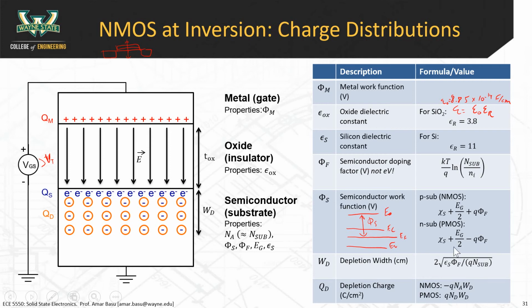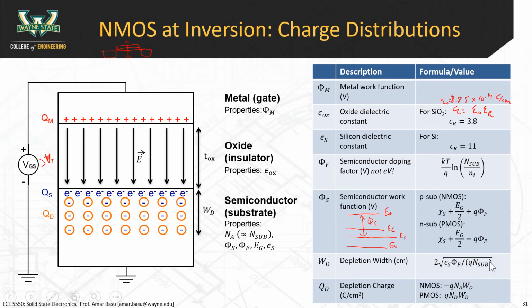But you can see here that it's equal to 2 times the square root of this function. And what's on the numerator of the square root is epsilon s and phi f. So on the denominator, there's q times n sub. It's mainly controlled by the substrate doping.